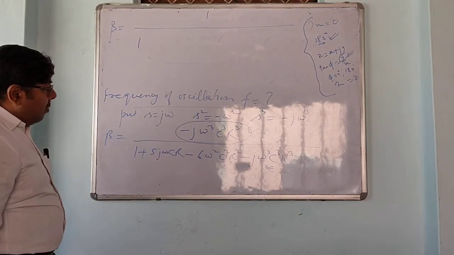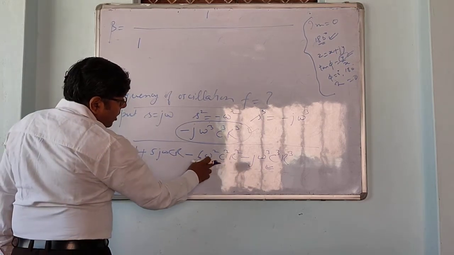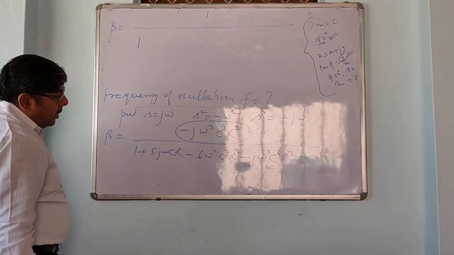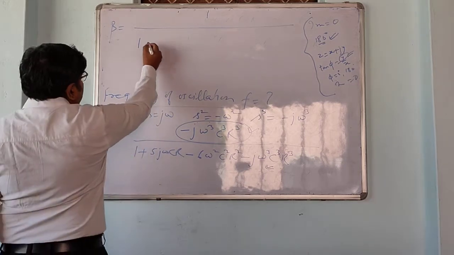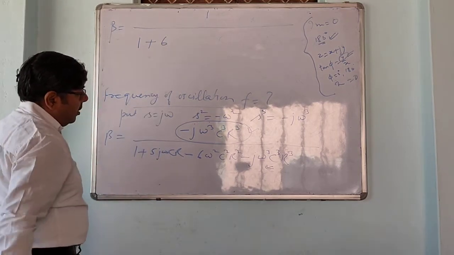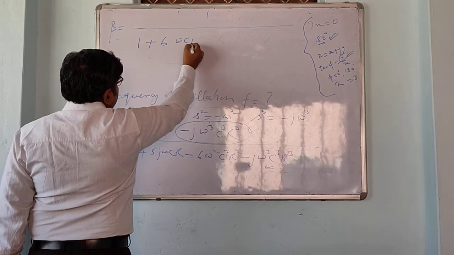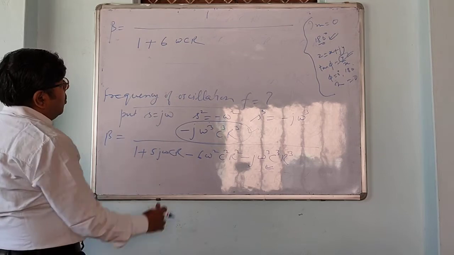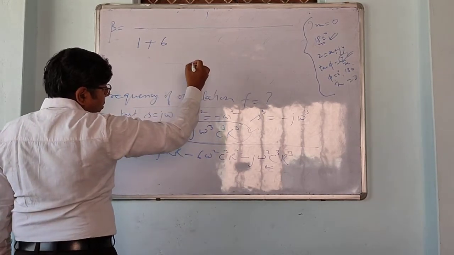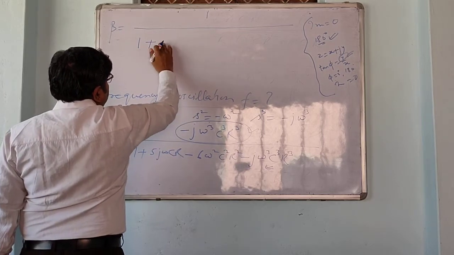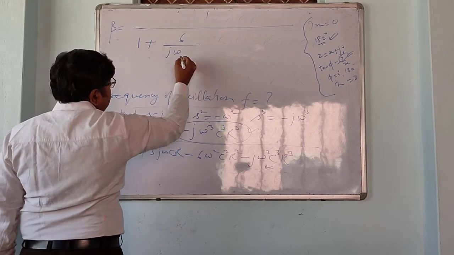Then you can write here, the square term is there, then you can write minus 6 upon j, that is plus 6 upon j omega CR. No, this is square, this is cube, so 6 upon j omega CR.